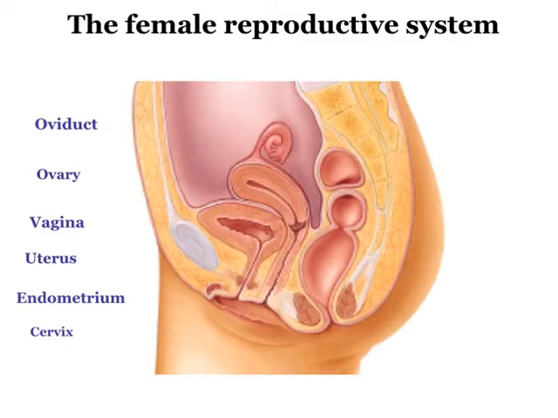Alright, so the first one we're going to start with is the oviduct. The oviduct is located right here. Okay, so the oviduct starts here and goes around like that.